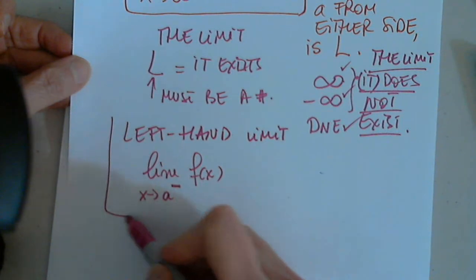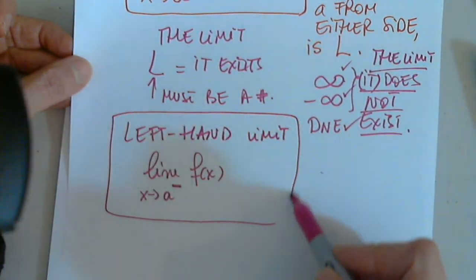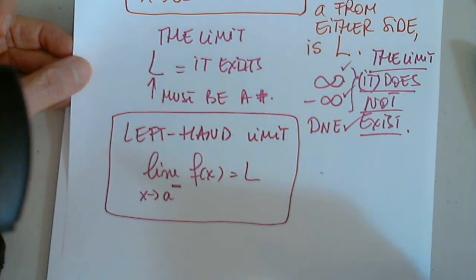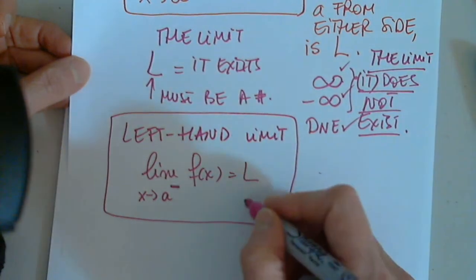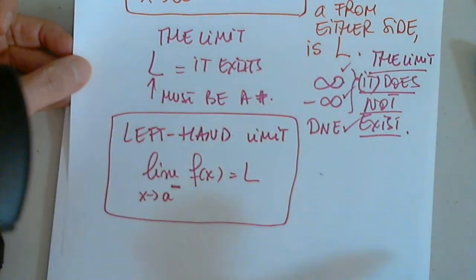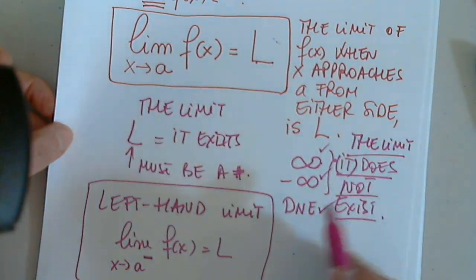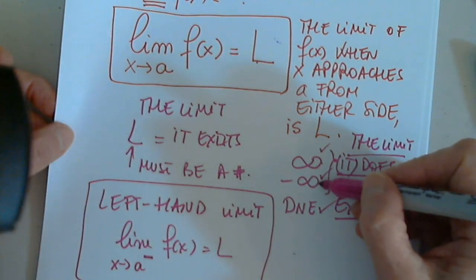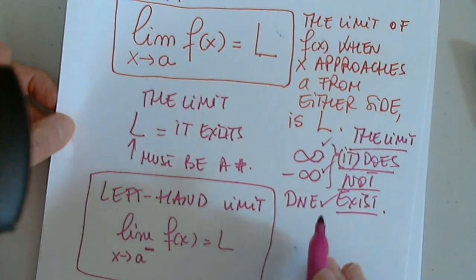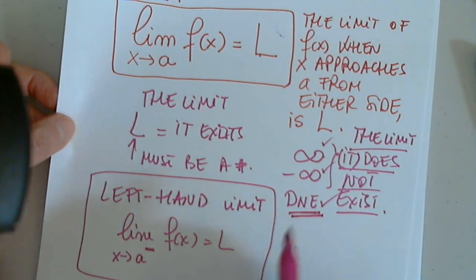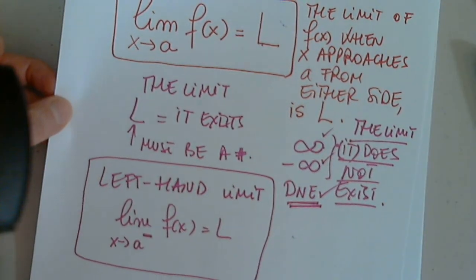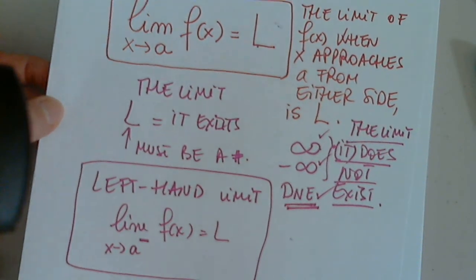So this is the left-hand limit. Of course, it has to be a number if it exists. It could be infinity, but it will be considered that it does not exist. But still, if it's infinity, I cannot write DNE. If it's negative infinity, I cannot write DNE. I will show you examples when we write DNE, and we cannot write anything else.